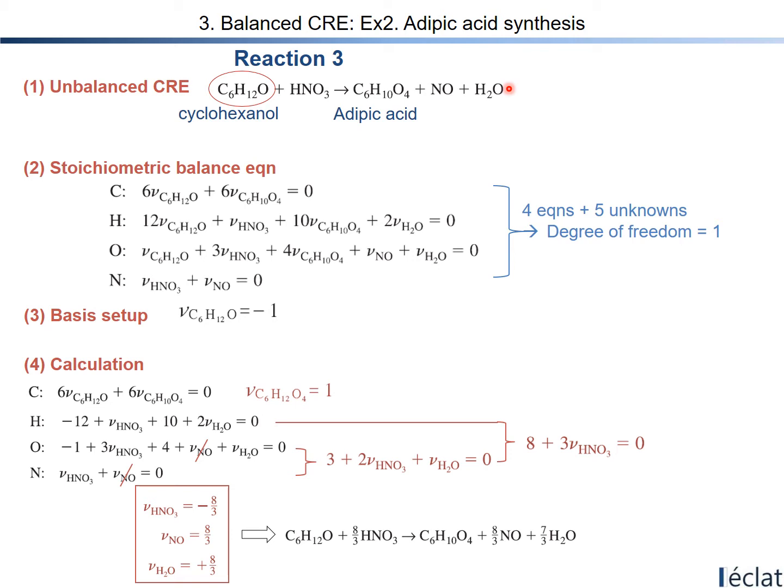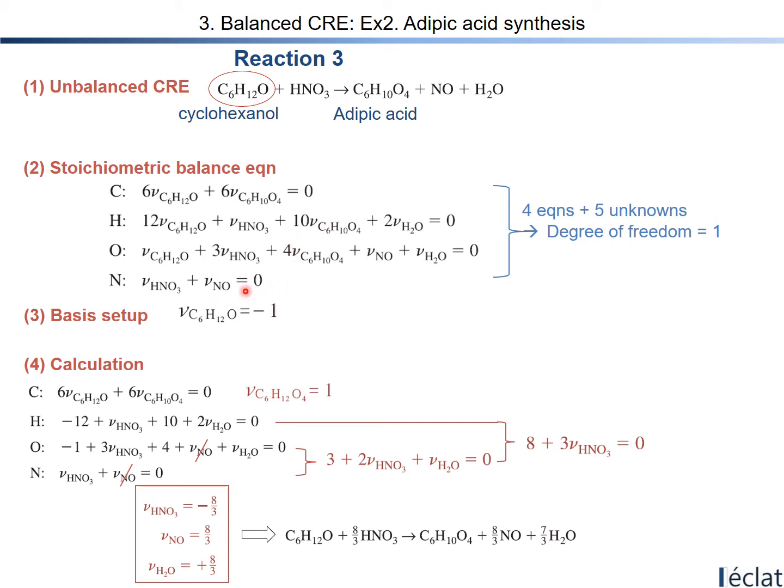Here the atoms are carbon, hydrogen, oxygen, and also nitrogen. 4 atoms are involved in this unbalanced chemical reaction equation. So you can expect 4 equations. And how many entities are there? 1, 2, 3, 4, 5. So 5 unknowns. Then you can set up this stoichiometric balance equation here.